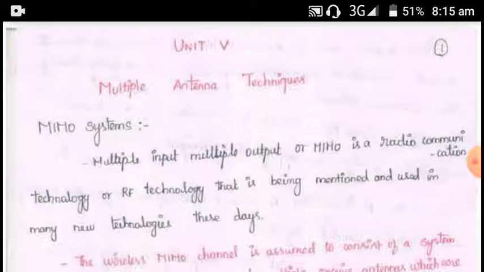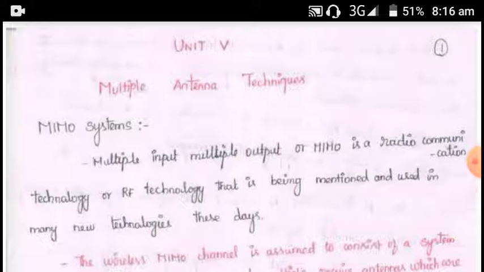These radio communication or RF technologies are very commonly used nowadays in many methods. So in the multiple input multiple output system, there are multiple inputs at the transmitter side and multiple receivers at the receiver side, that is, multiple antenna elements.